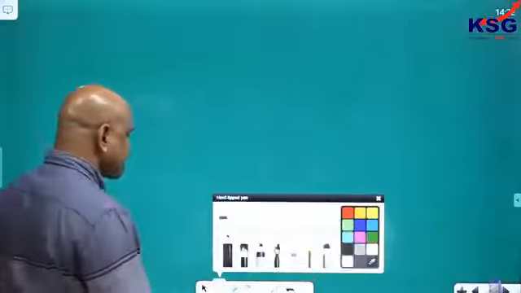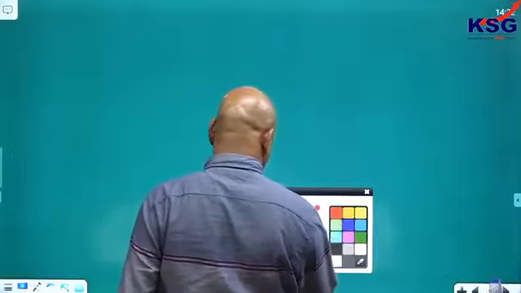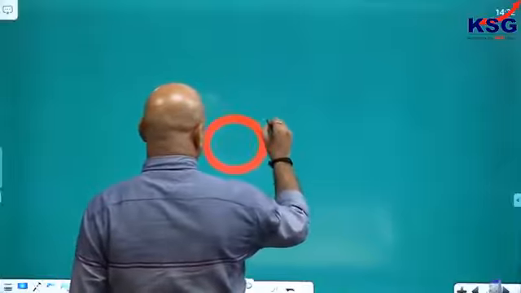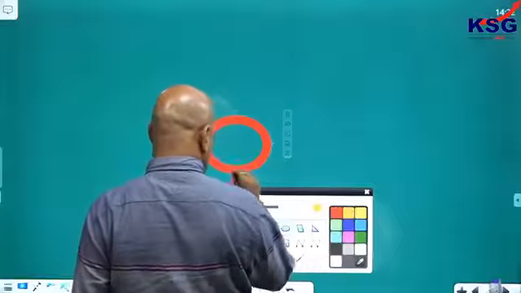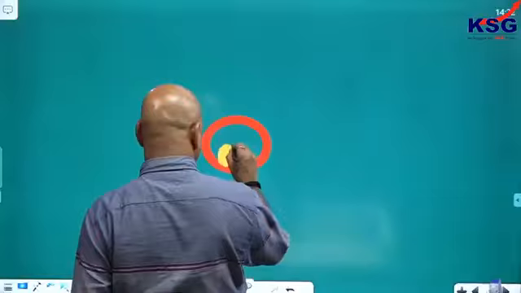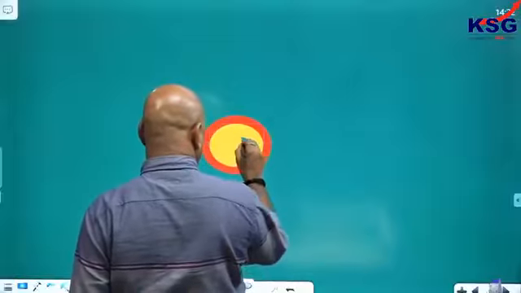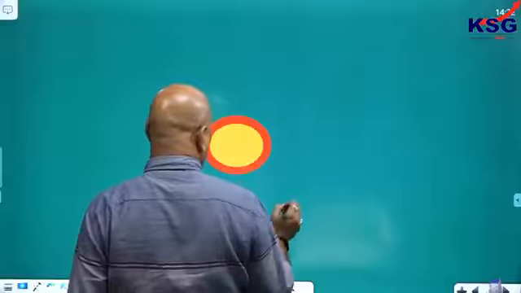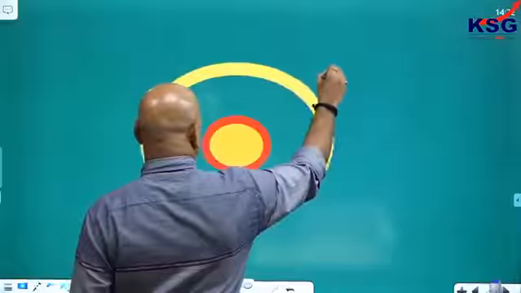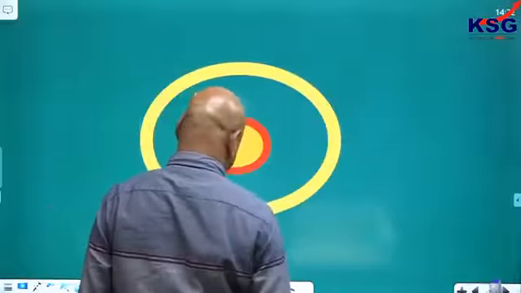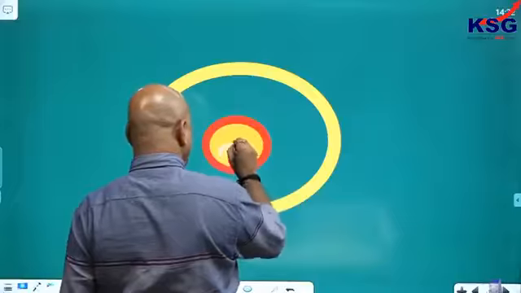If the earth is like this, we have the inner core here, outer core, inner core, we have the mantle here. This is the inner core.